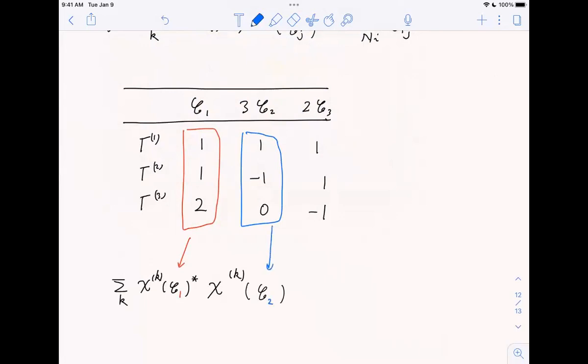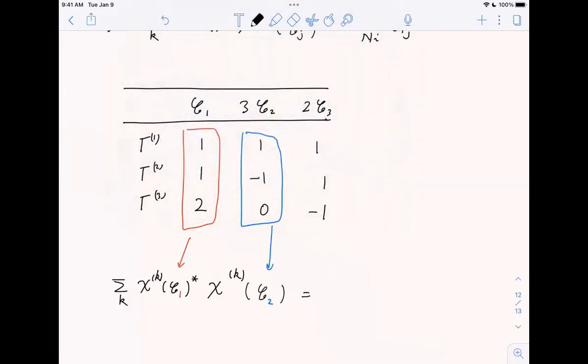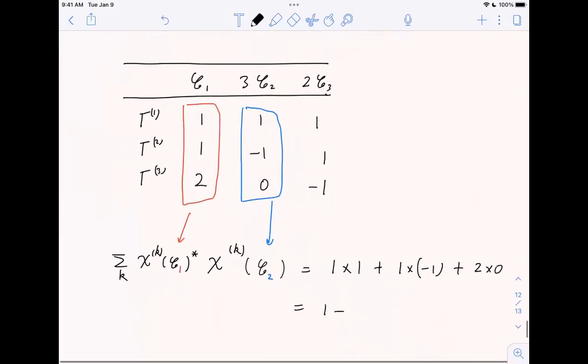And then what you're doing is summing over the representation. So what you will get is 1 times 1, 1 times 1, 1 times -1, and 2 times 0. So what you will get is 1 minus 1, you get 0.